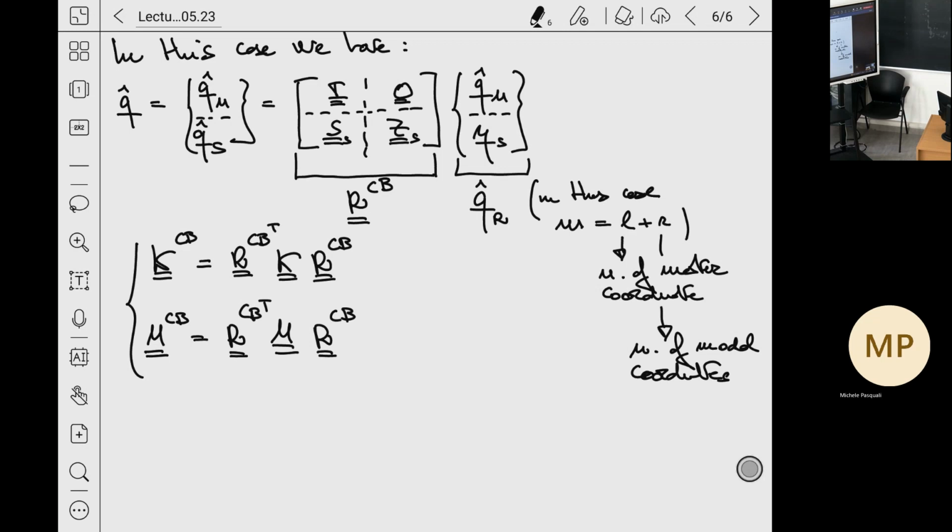Okay. Now the question is, how do we choose the number again of modes?